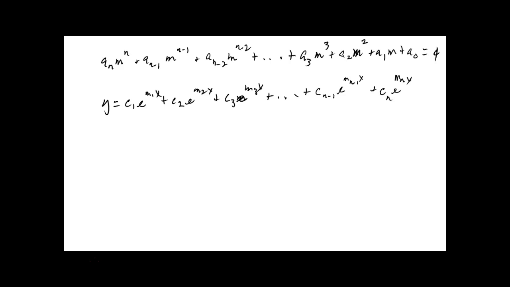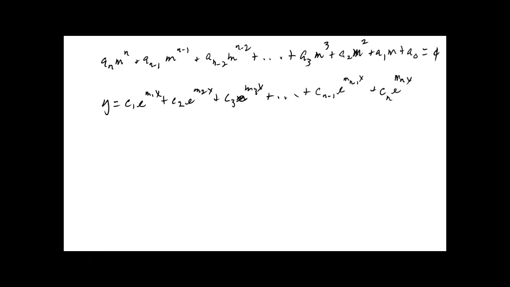Now, what if one of those m's, though, when you got around to solving for that, however you did it, you came up with m equals 7, m equals 7, m equals 7? What do you do with that?